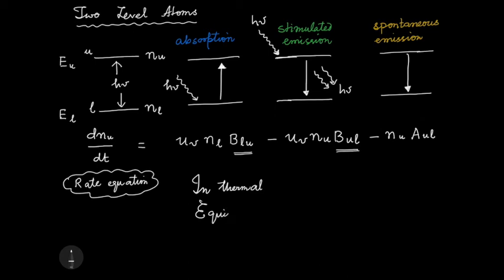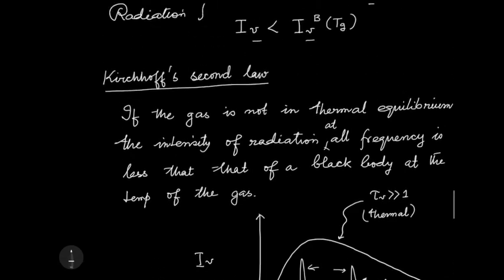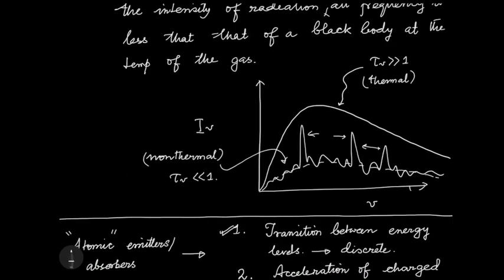So what happens in thermal equilibrium? See, let's assume that this atom is in thermal equilibrium. It's not one atom, but many atoms, they're in equilibrium with the radiation. So in that case, we know that the spectrum will be that of a black body.